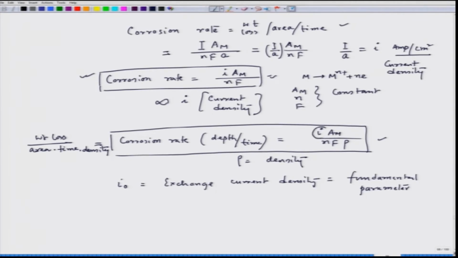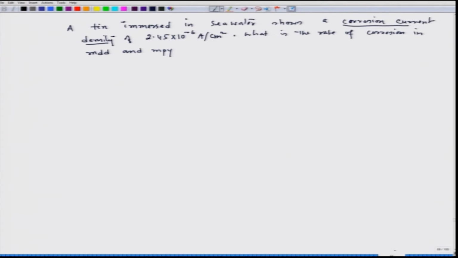So, we can start expressing this mass loss divided by area and time, which is nothing but I A Sn, tin is Sn, divided by n F, where n is 2 here, and F is 96500 coulomb.